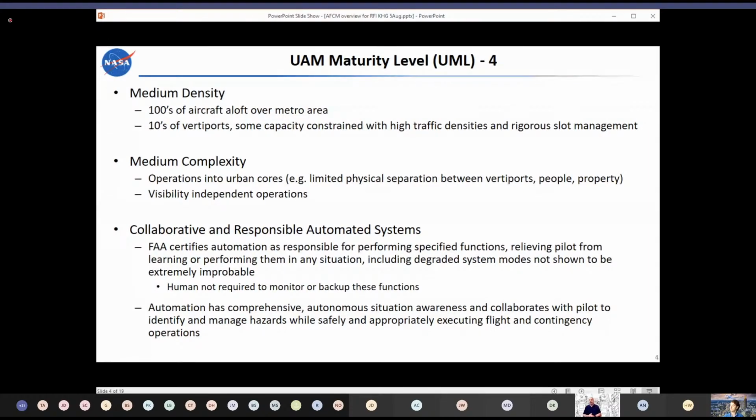So moving away from that medium density and on to medium complexity, to be impactful in densely populated areas, we need to be able to operate in close proximity to people and property. So this means there's going to be limited setbacks or physical separations from the vehicle operations, where the vertiports are sited in the community, and where people and property are situated around those.